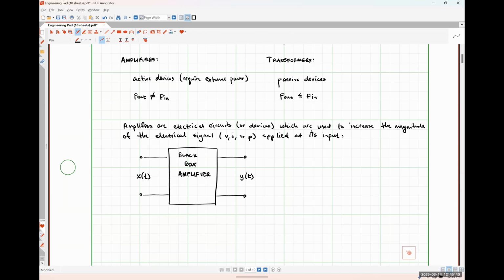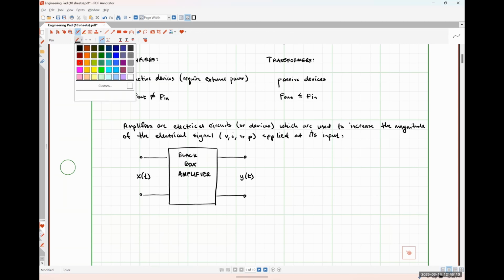So in this case, we could think of the black box amplifier as acting on some input signal and producing some output signal Y of t. The black box amplifier circuit will have what's commonly known as a transfer function that mathematically describes how the amplifier itself acts on that input signal.